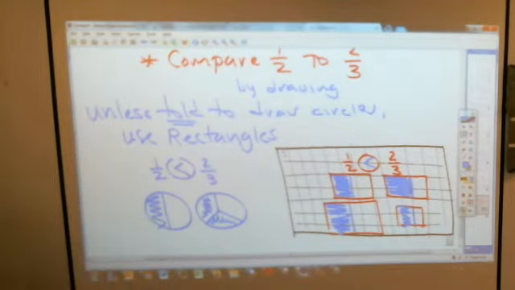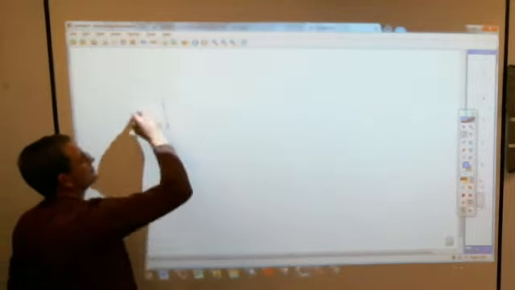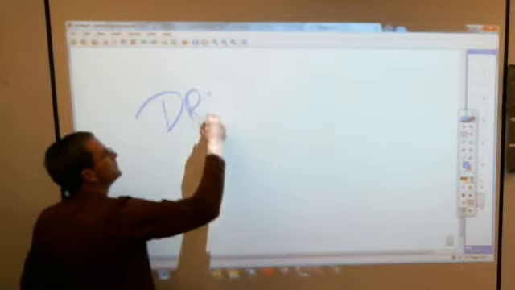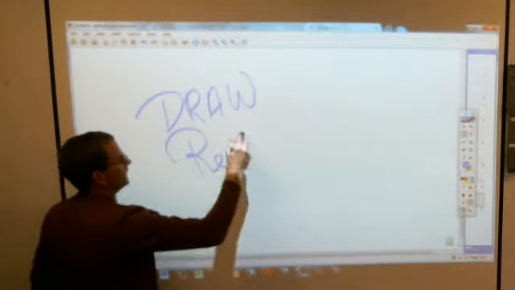So please, please, please, if I haven't said it 1,000 times, make sure you draw some nice squares. Sometimes they will tell you to draw circles. If they tell you to draw circles, then do it. Otherwise, maybe I should emphasize this in your notes: draw rectangles.